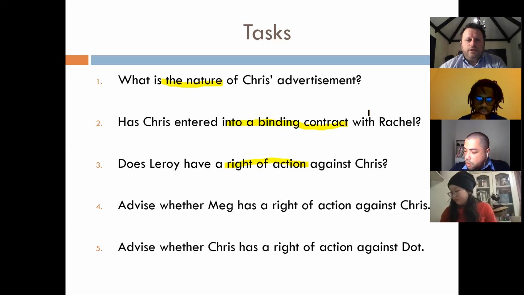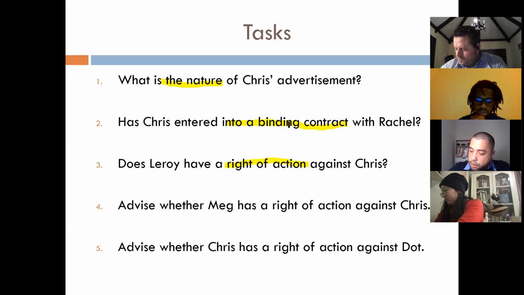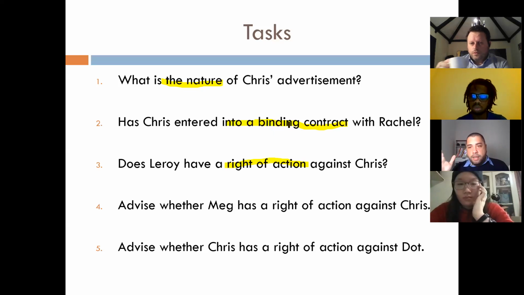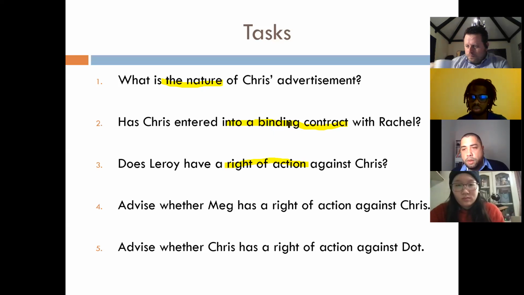So what's a binding contract? Anybody? Offer, acceptance, deal. In very simple words. Offer, acceptance, consideration, intention, certainty. Okay. Not just offer and acceptance.